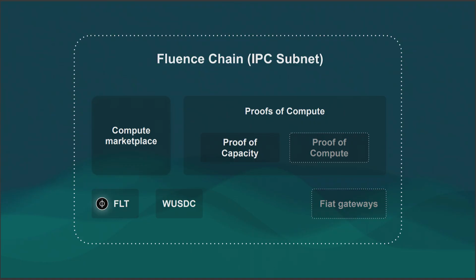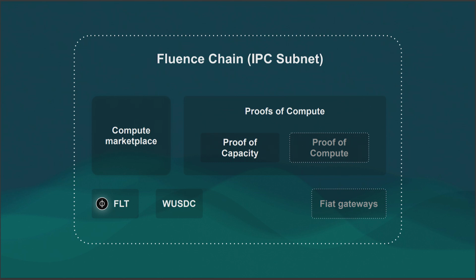The billing, the proof verification, the tokens and all the smart contracts live on the IPC subnet, on the L2 blockchain. And you can see what it has inside. It has the compute marketplace, the smart contracts. It has proof of capacity verification. It has FLT bridged from Ethereum to Filecoin and inside IPC.